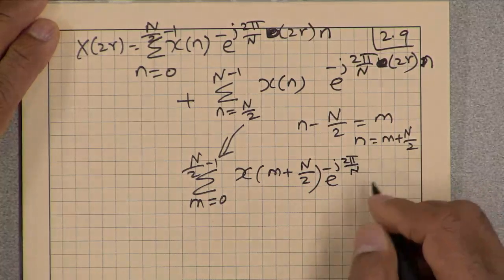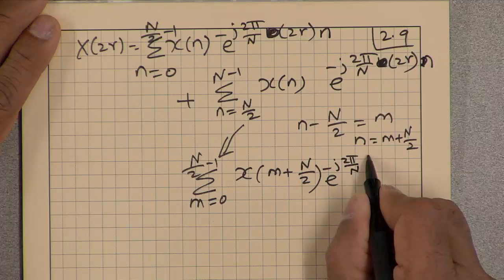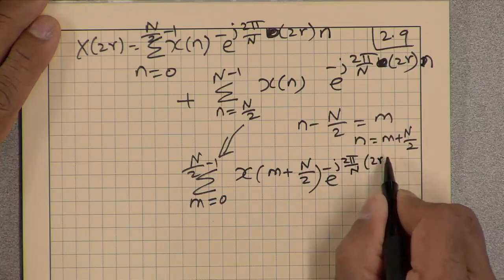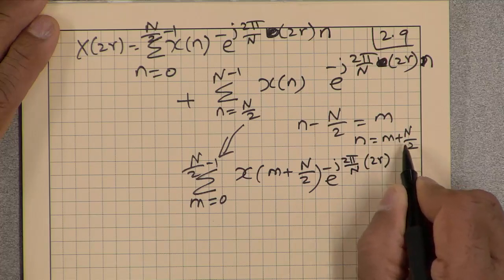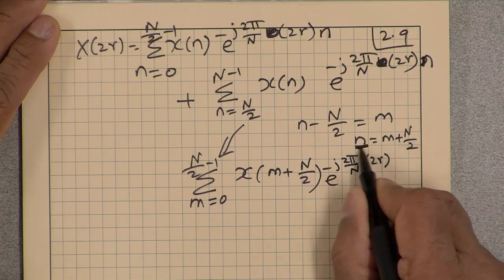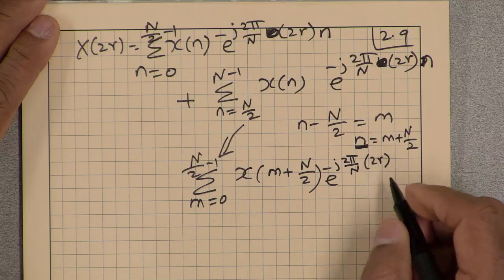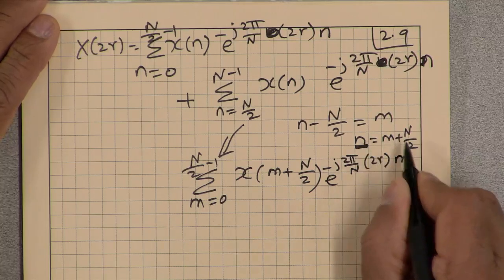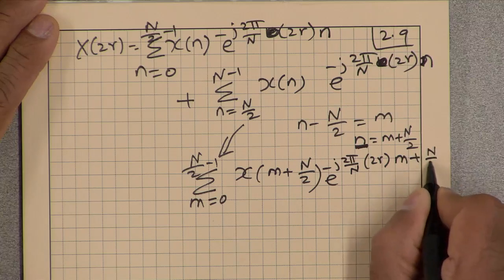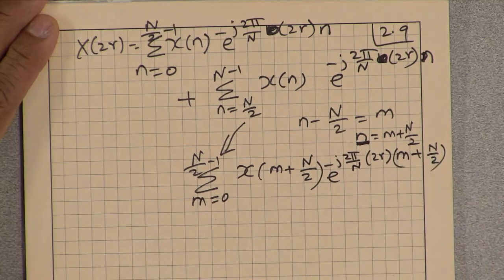Okay. So k stays as 2r. We replaced k by 2r. And then n, I was looking for where to replace this n, and I didn't find it. So obviously there was a mistake. So that n is going to be replaced as m plus N by 2.